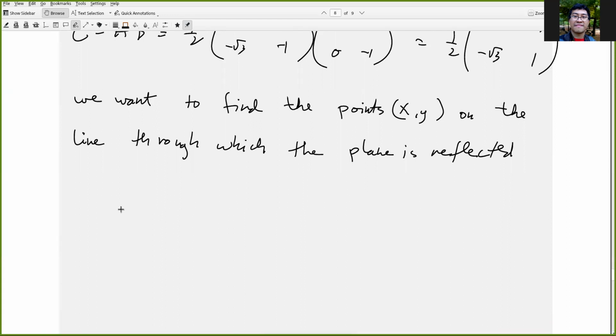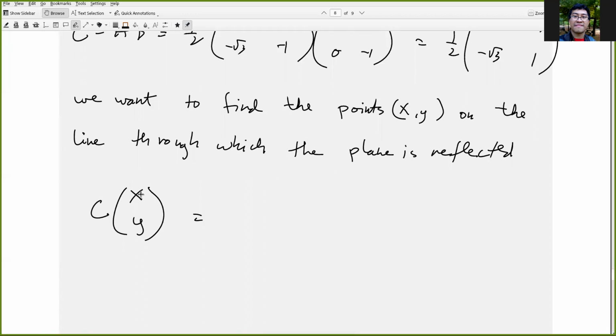To do that, we can multiply C to xy. If xy are points along this line, you apply the reflection on those points, but those points are located along the line through which the plane is reflected.